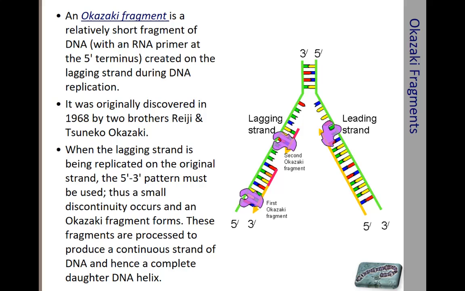Now, this was originally discovered in 1968 by two brothers, Reiji and Tsuneko Okazaki. And what they discovered is that while that leading strand that is organized from 3' to 5' codes straight through without stopping, it has no problems, the opposite strand, the lagging strand, can't do that because it's organized from 5' to 3'.